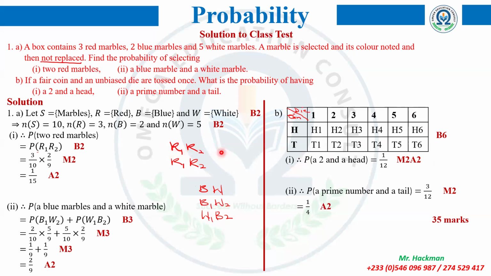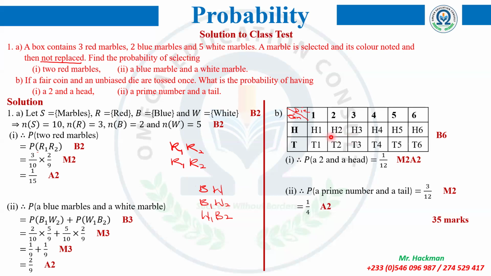Any probability you should be able to find. So P(a 2 and a head). Therefore P(a 2 and a head) will be equal to, so the only outcome that will satisfy this event will be this. So this will be the success. That's the only outcome that will be a success.